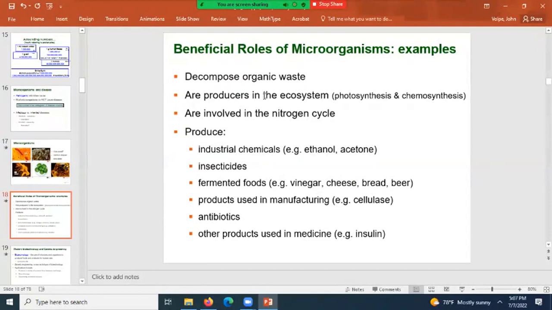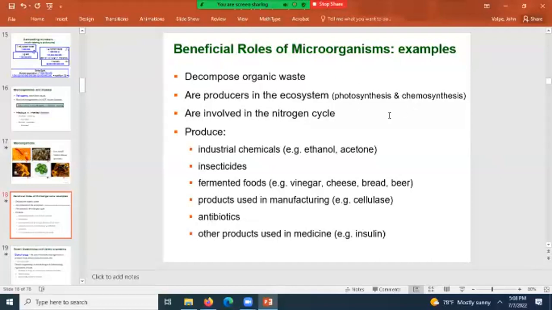Microbes are also producers in the ecosystem. We have producers which engage in photosynthesis, as well as producers which engage in chemosynthesis. Producers are organisms which make their own food, usually from sunlight, and that would be a photosynthetic producer.